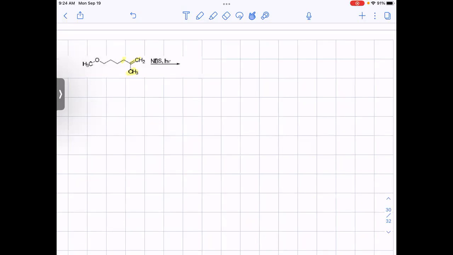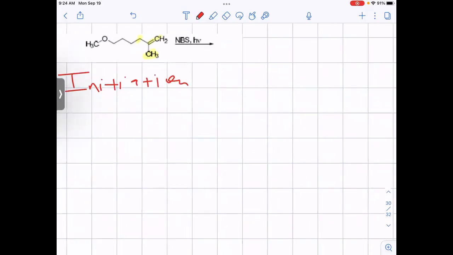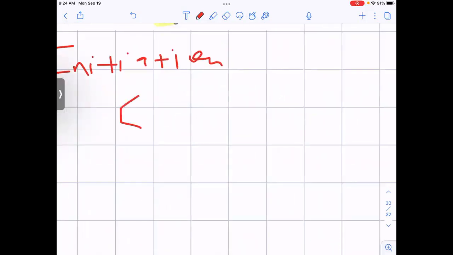There's initiation, propagation, and then there's termination. So in the initiation step, this is where NBS gets cleaved. So this is NBS. I'm going to shine light on it.